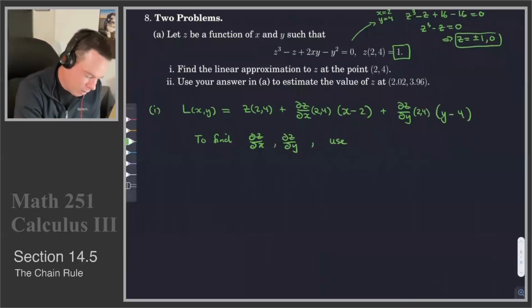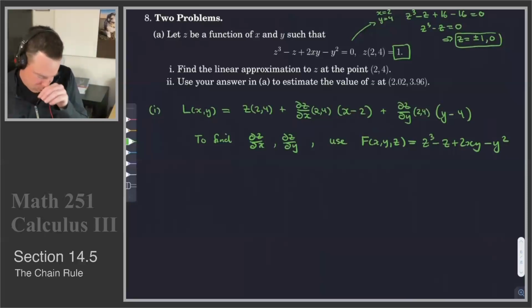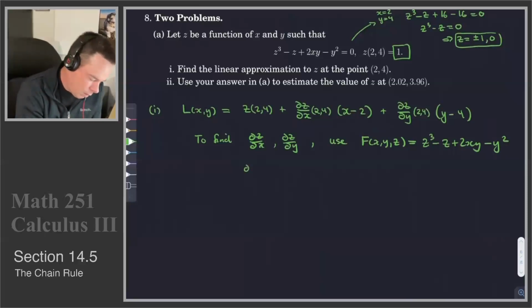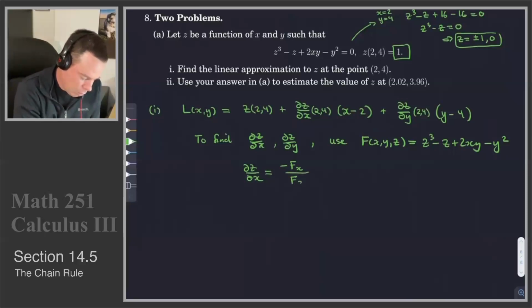I'll just say we're going to use the function f of x, y, z is equal to z cubed minus z plus 2xy minus y squared. Our partial derivative of z with respect to x is negative the partial derivative of that function with respect to x over its partial with respect to z.